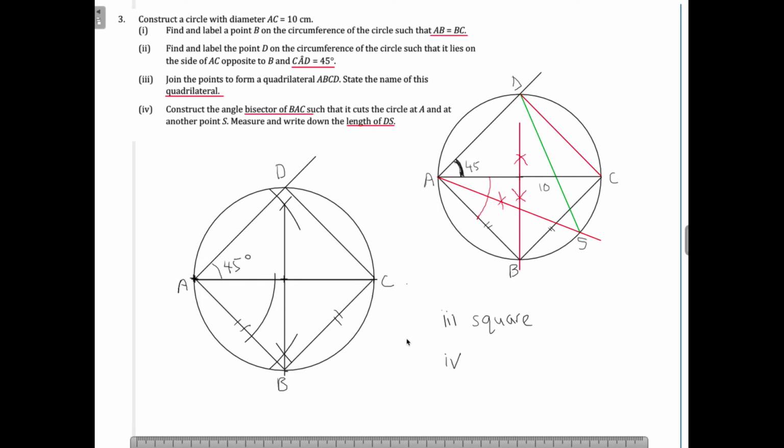So now we will use these two points. The first point is here, and we can draw the arc outside here. That does not matter.